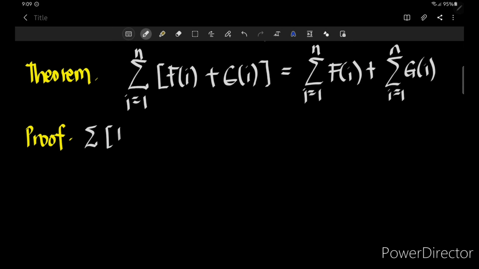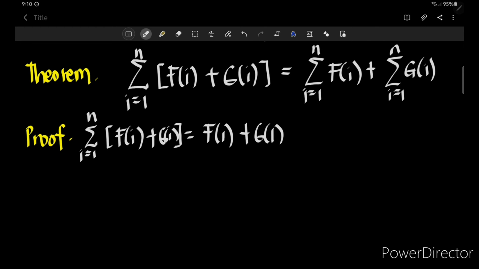Okay. F of I plus G of I, where I ranging from 1 to n, is equal to F of 1 plus G of 1. Okay, lagyan natin ng bracket dito. Plus F of 2 plus G of 2.